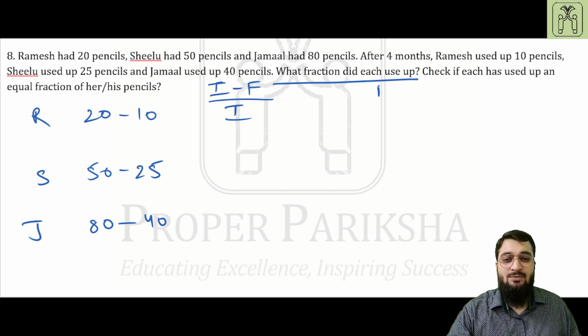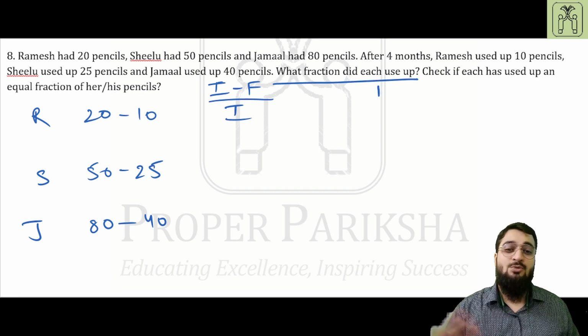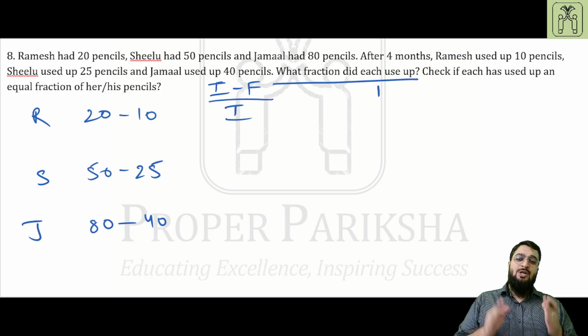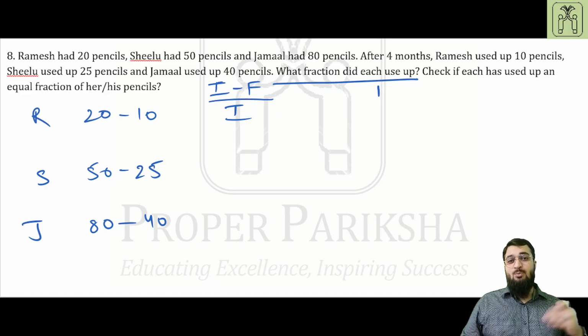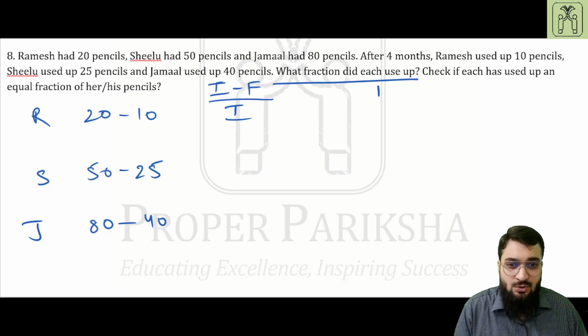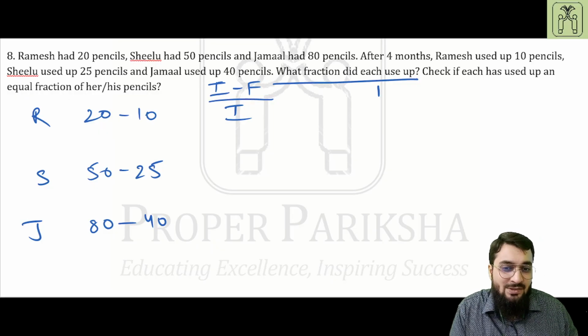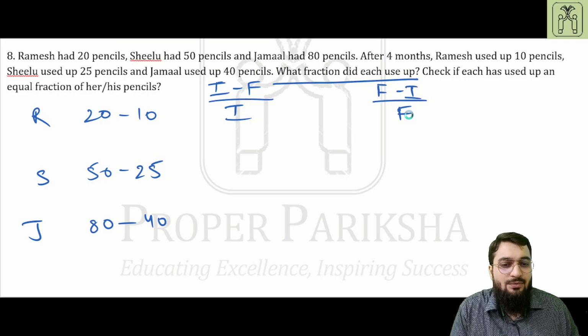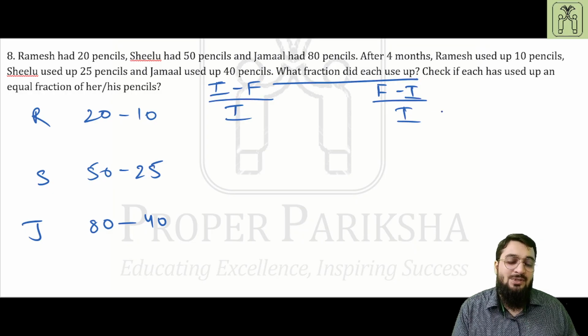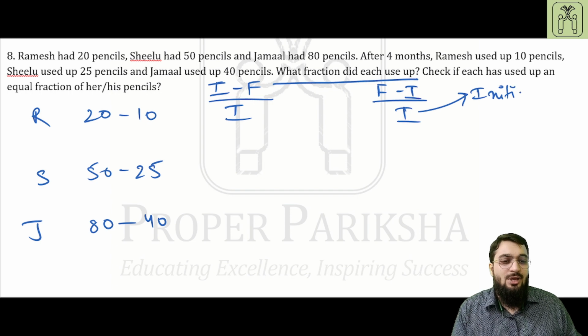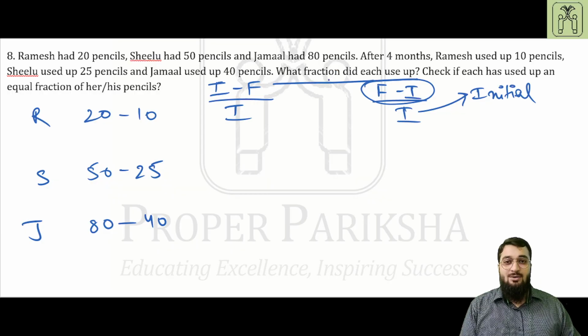Or if the final is a greater number, for example, if the question had been that Ramesh had 20 pencils and he purchased 10 more pencils after 4 months, what fraction did he purchase, then that will be F minus I upon I, because the fraction or percentage or reference is taken with respect to the initial.